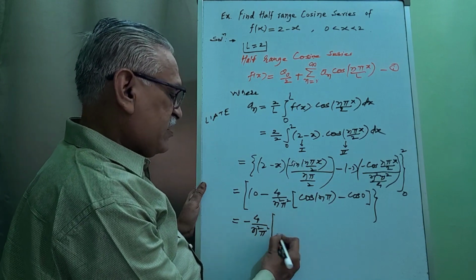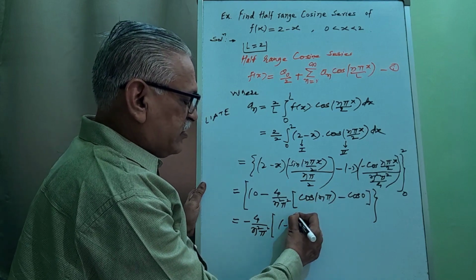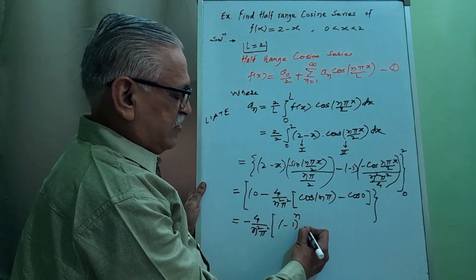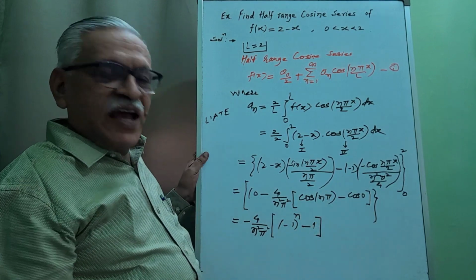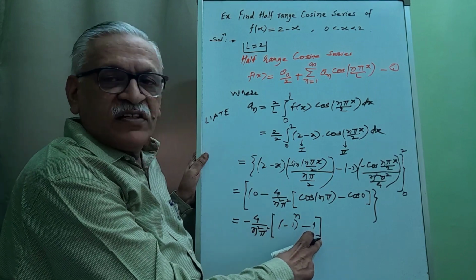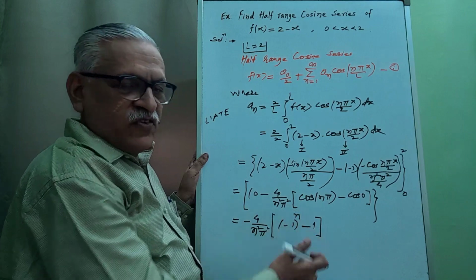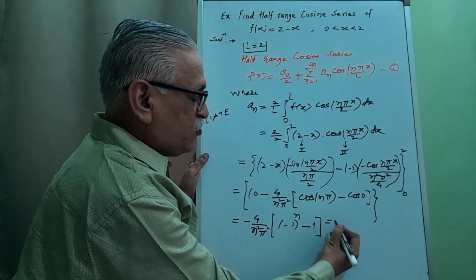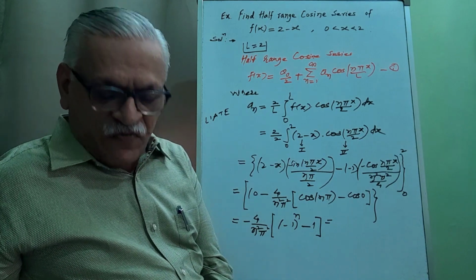Multiplied by the value of cos n pi, which is the standard result minus 1 raised to n, and minus cos 0, which is 1. We are having the term minus 1 raised to n minus 1. We have to find two separate values, for even and for odd.